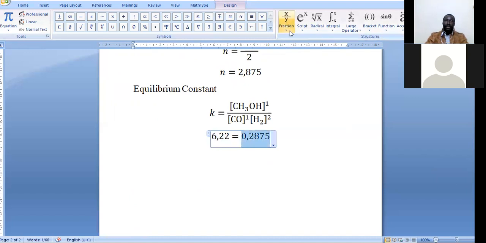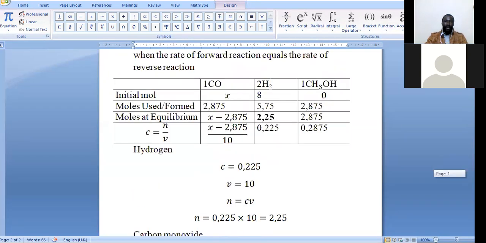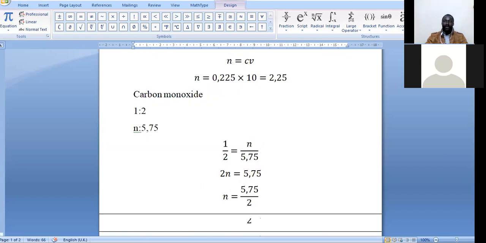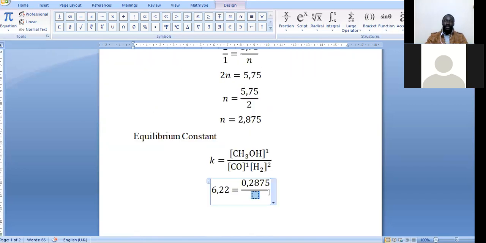Now, this concentration of methanol, we have to divide it by the concentration of carbon monoxide. So let's see, what do we have for the concentration of carbon monoxide? We see from the table. All right, we don't have it. So let's keep it as CO. Yeah, we just keep it like that.